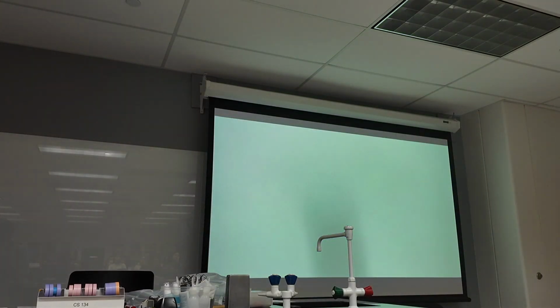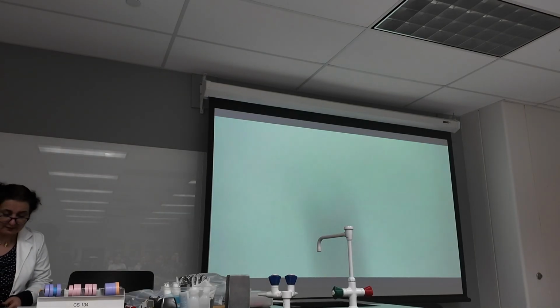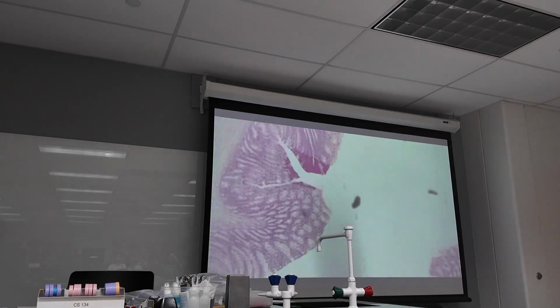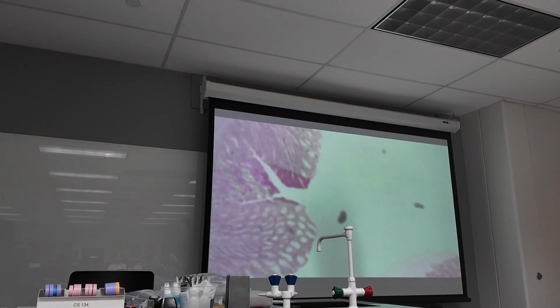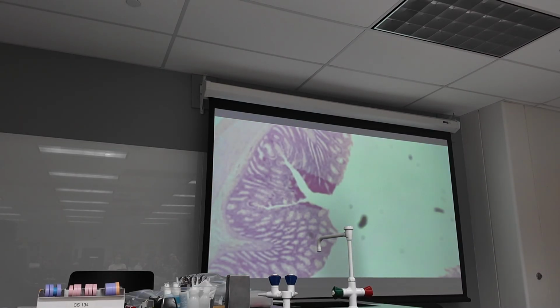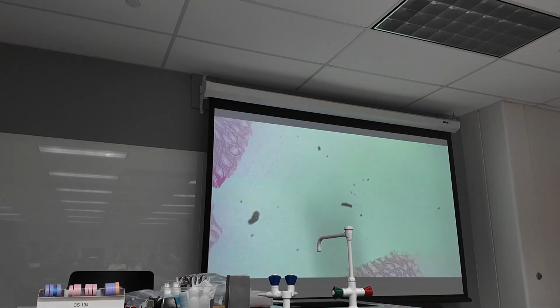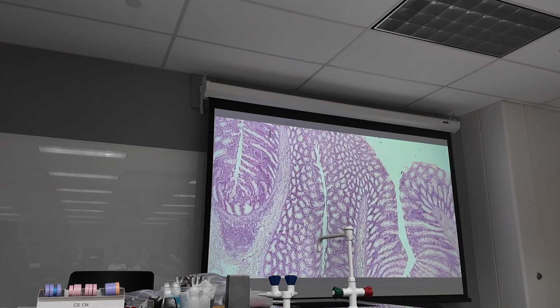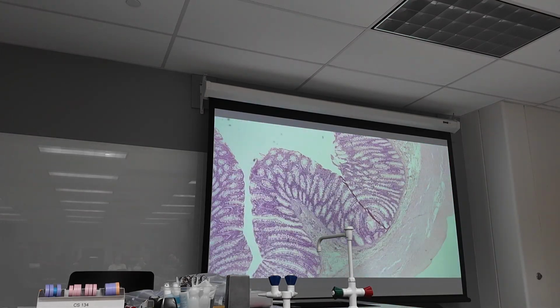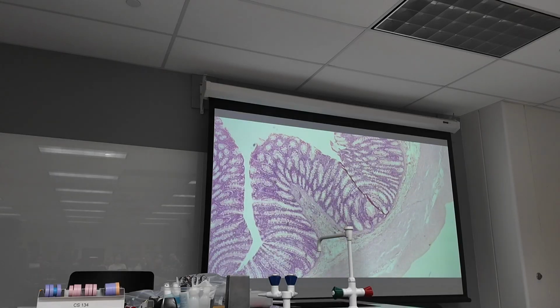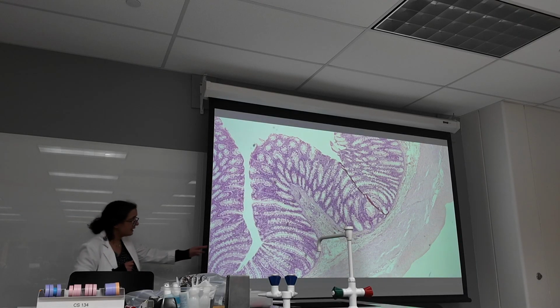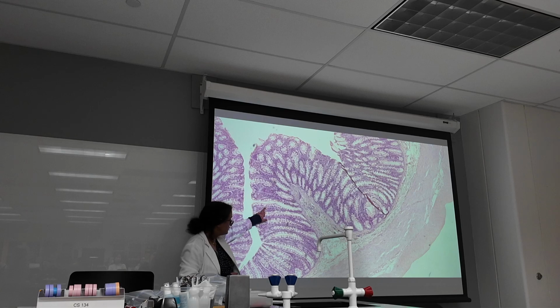I want to show you the slide of the colon, or large intestine, to show you something interesting about the large intestine. Guys, this is the large intestine. This is the colon. And you know that because, do you see all of those white cells in here?